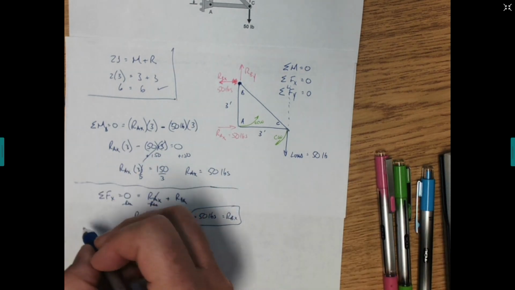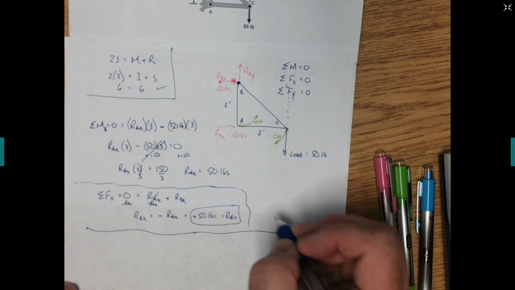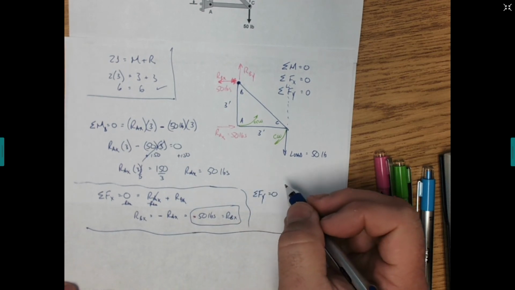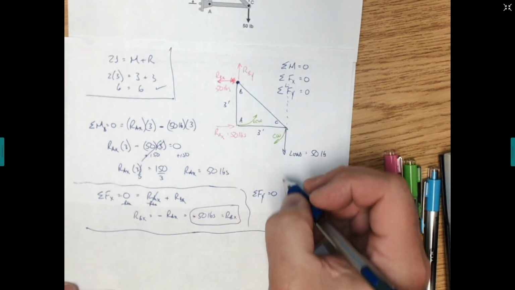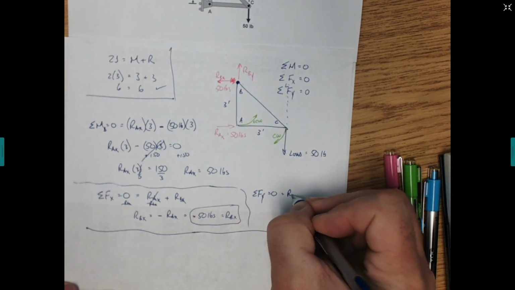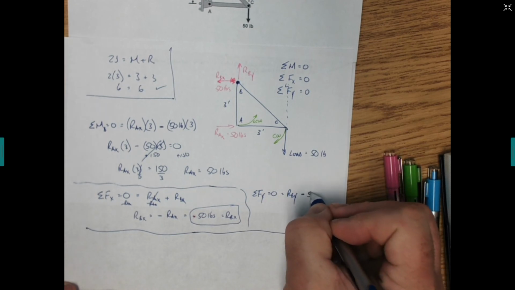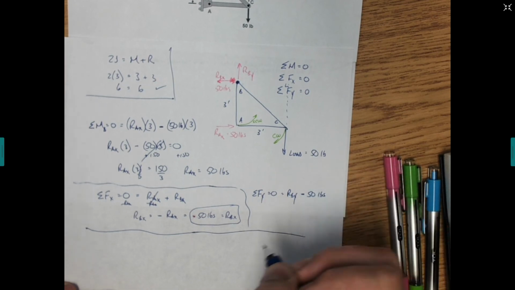Okay, now we're going to sum our forces in the y direction. They're also 0. In the y direction, I have RBY going up. I have the load, 50 pounds, going down, so it's a negative 50.